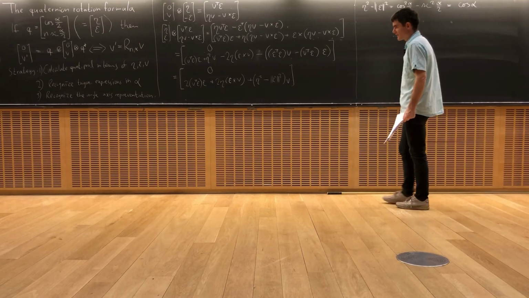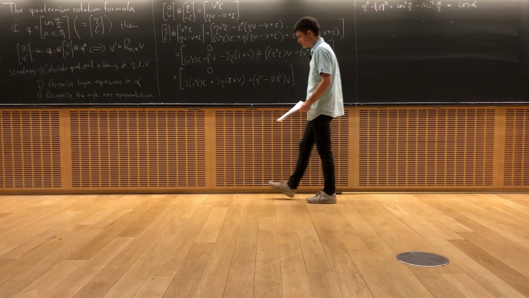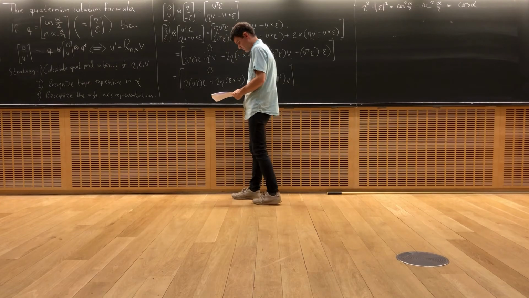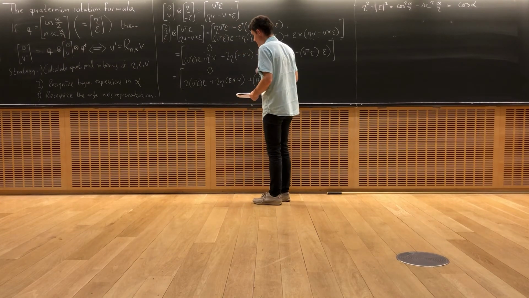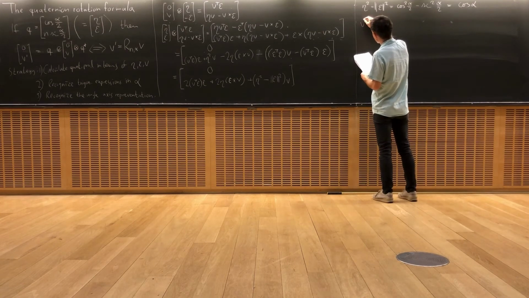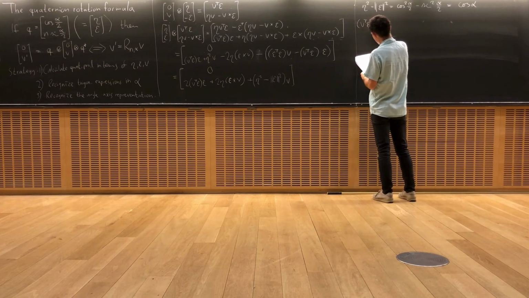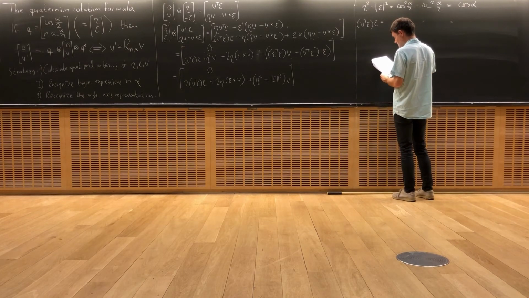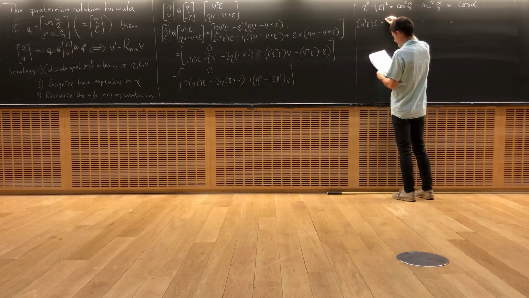So do we have any other nasty expressions we would like to do something with? We have this one. V transpose epsilon times epsilon. Yeah, I need to get rid of those epsilons. So in the epsilon, I have sine alpha, so again, I'm going to get the sine squared.